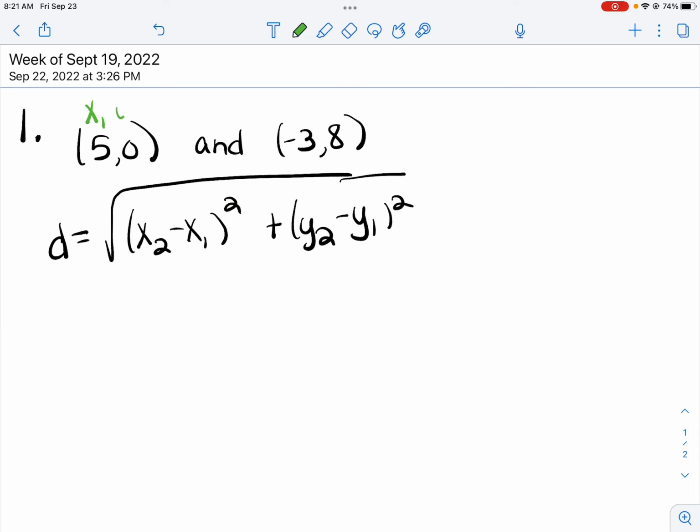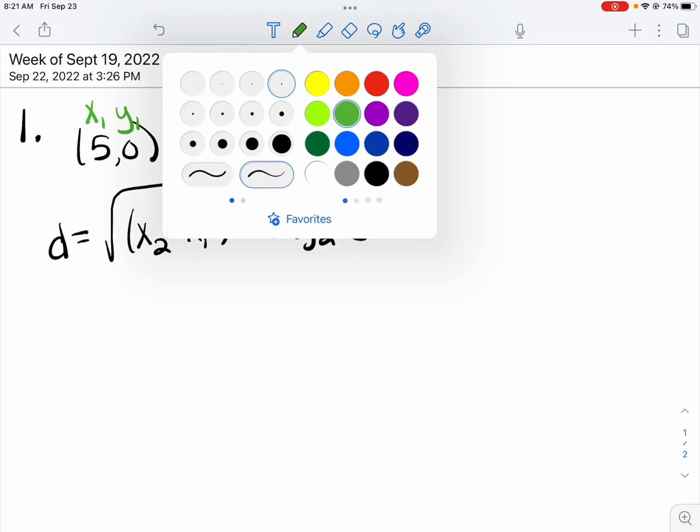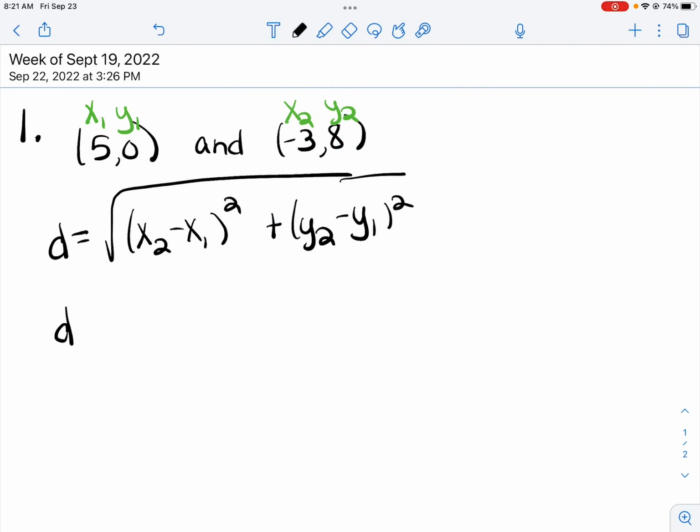Label your points. The first one would be x1, y1, and the second one x2, y2. And then fill in your parentheses.